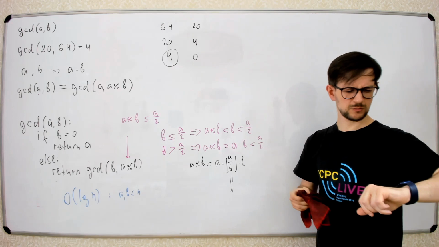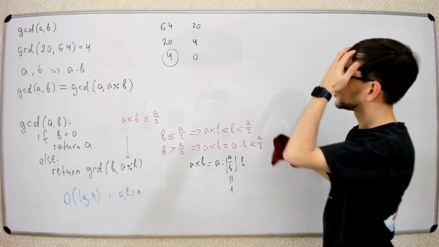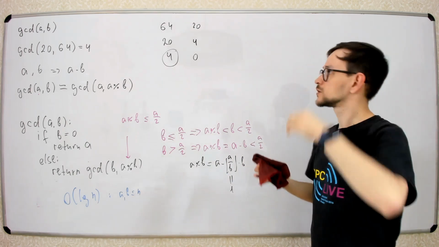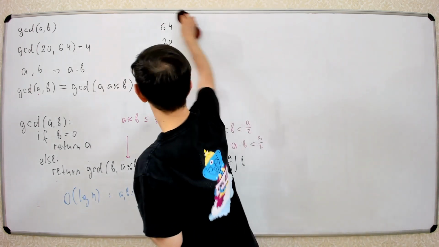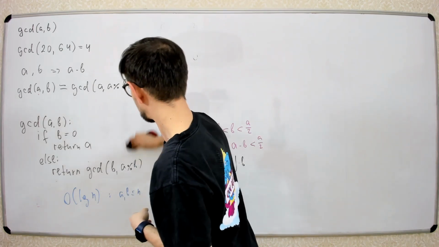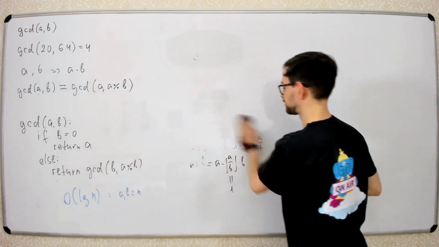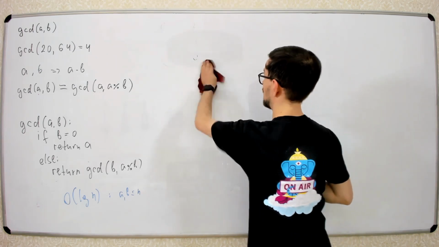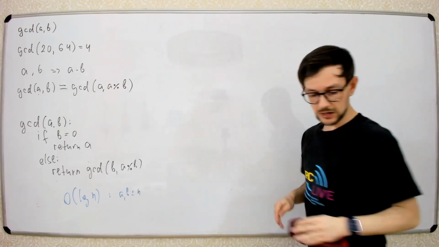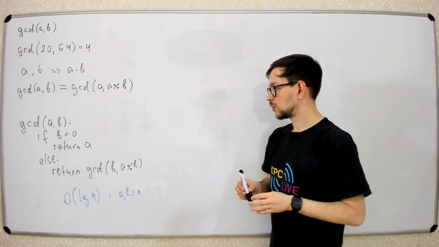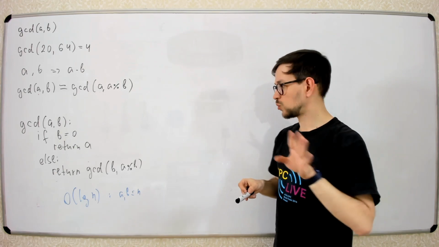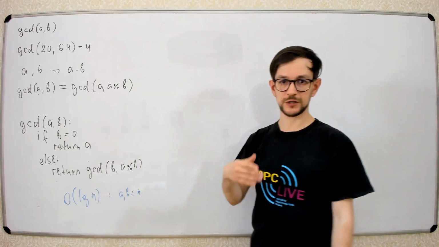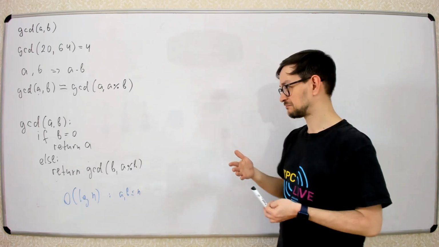Now let's look at another problem. Usually this is not the best algorithm to calculate the greatest common divisor. In practice, there is another good algorithm, so let's talk about it. In this algorithm, the calculation of the remainder actually needs some work.